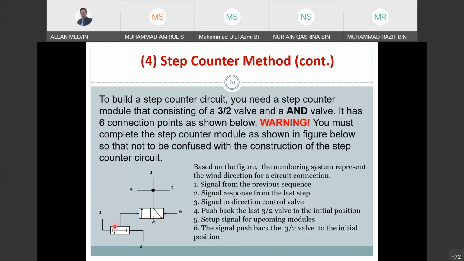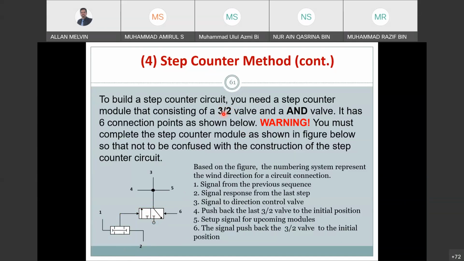It has an end valve. The end valve, you know, has two inputs. Only when both inputs are on will it send a signal here. So why is the 3/2 valve enough? Why not a 5/2 valve?